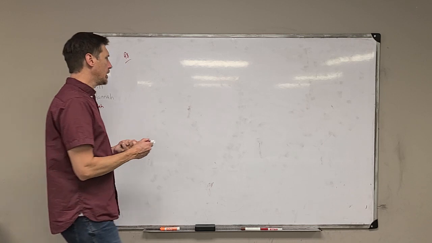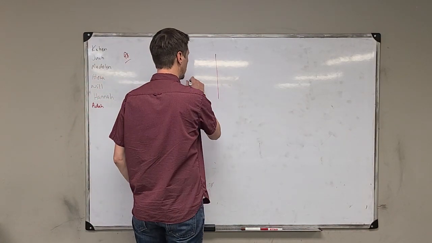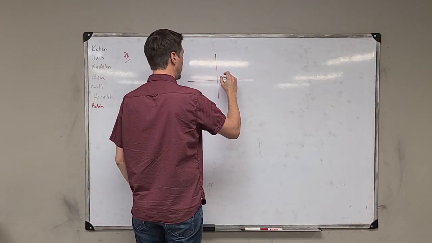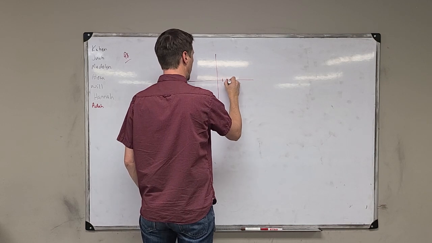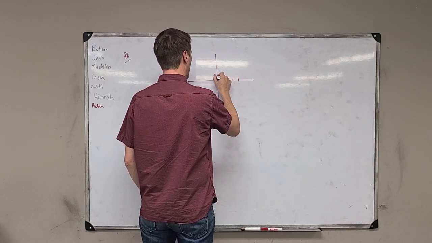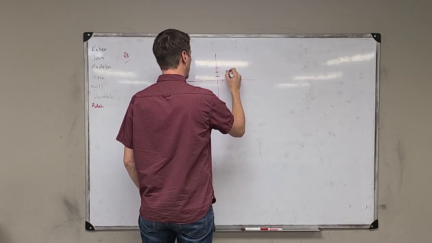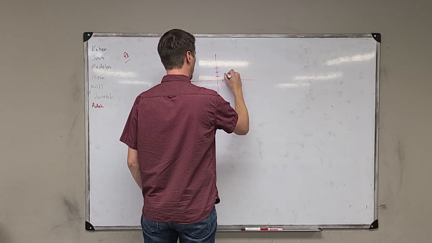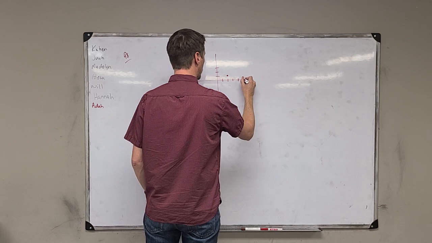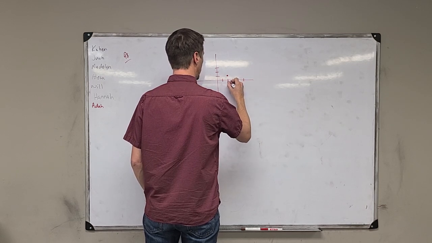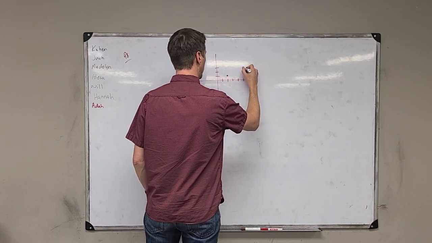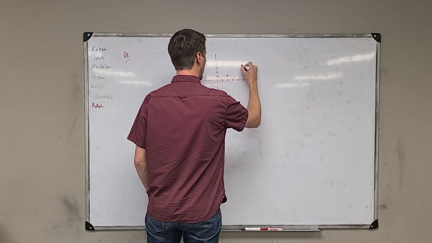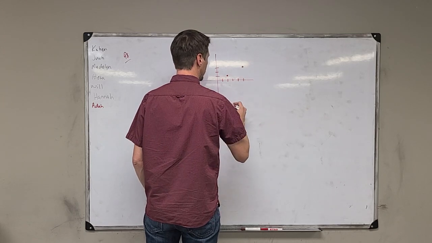So let's say we have a line like this, and that line goes through the point 2, 1, and it also goes through the point 5, 3. All right, so we've got this line right here.